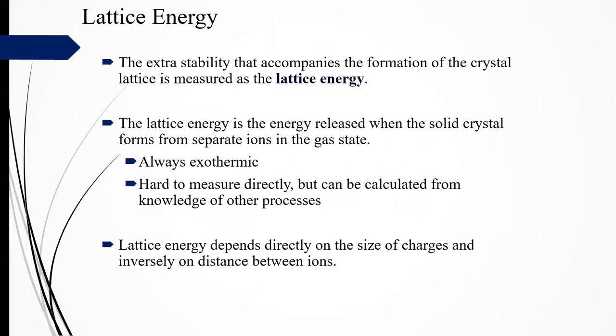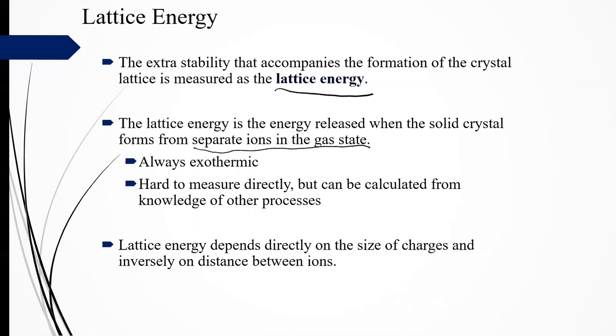So that extra energy that's stabilizing our crystals from forming, that's going to be our lattice energy. And so that's why the formation of most of our ionic salts is going to be exothermic, because the lattice energy is the energy required to go from the solid crystal to its separate ions.